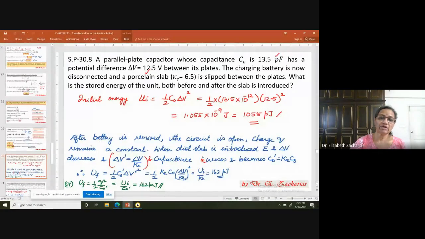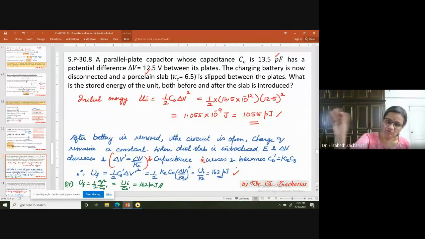Just substitute. C naught prime is kappa E C naught and delta V prime is delta V by kappa E. You find that the energy is 162 picojoule. That's what we saw some minutes back also.